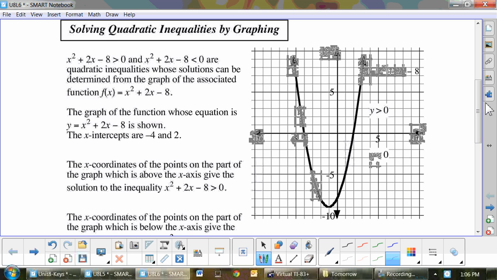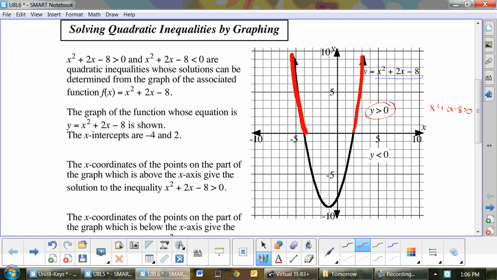When we're looking at a graph like this, this is the graph of x squared plus 2x minus 8. X squared plus 2x minus 8 is greater than 0. That's the part of the graph where the y is greater than 0, so that would be this part of the graph.